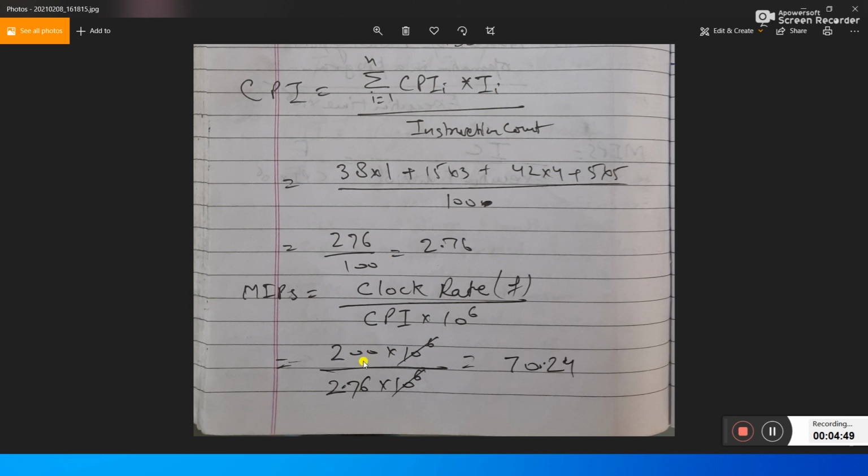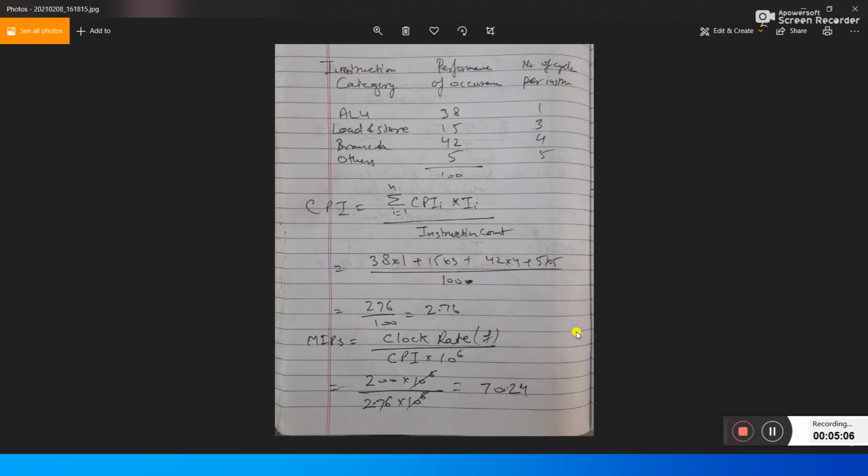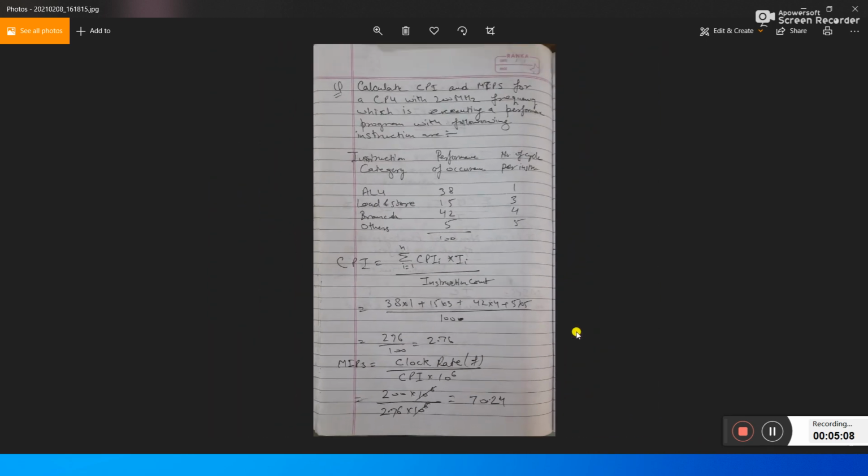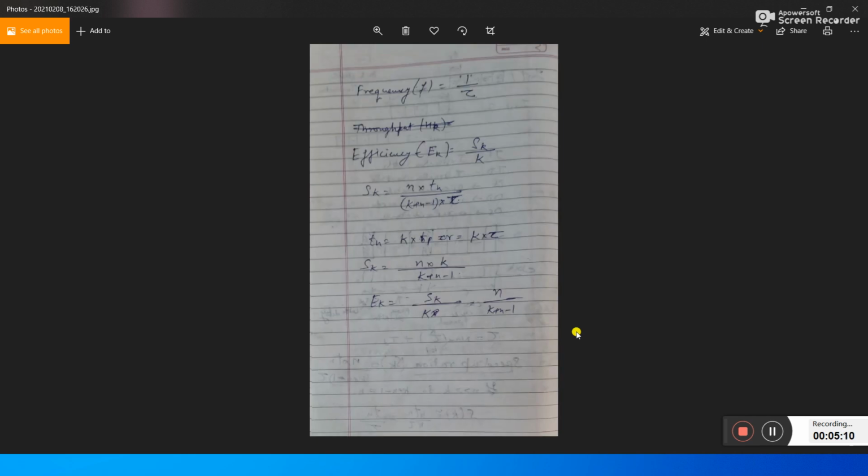The clock rate is 200 into 10 raised to the power 6, and the CPI is 2.76. The 10 raised to the power 6 cancels, and I get 72.46 million instructions per second. That's how we can find the performance of a computing system.